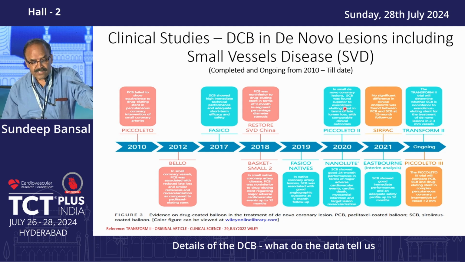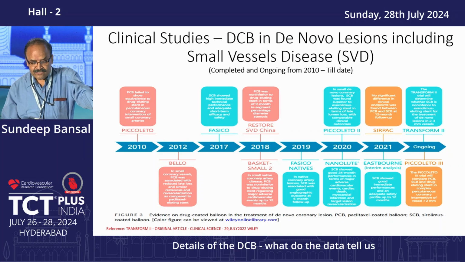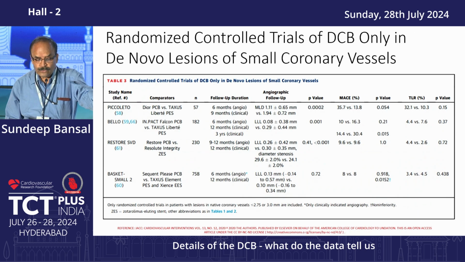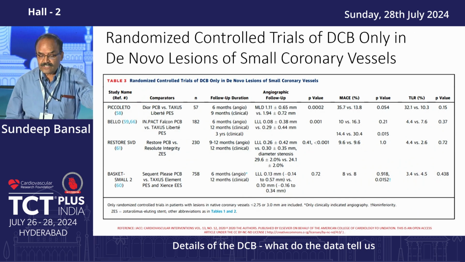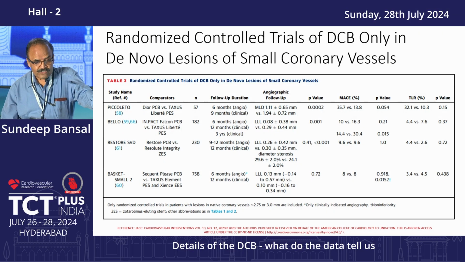The blue ones are using sirolimus based stents, and the orange ones are the comparisons. So if we look at the small vessels, these are the 4 major trials which have tested and found that at least the target lesion failures or the late lumen loss with drug-coated balloons is comparable to the drug-eluting stents.